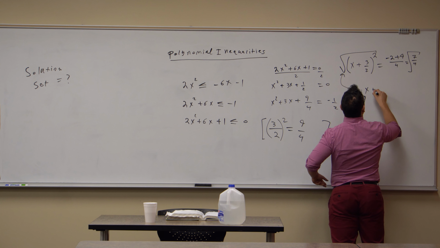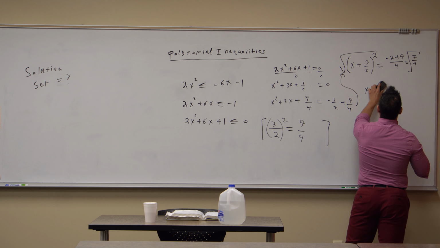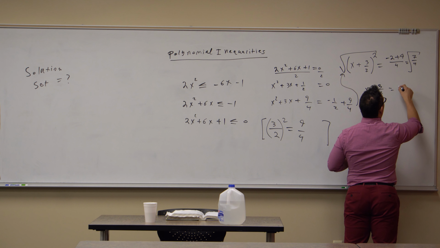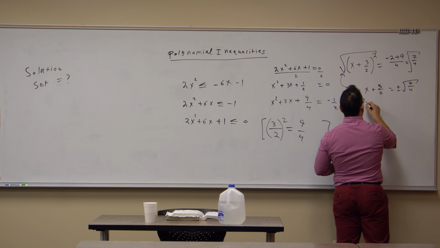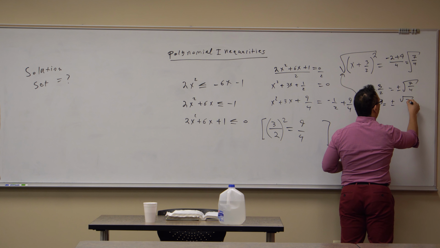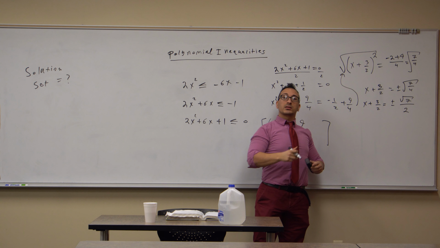So I get x plus 3/2 is equivalent to plus or minus the square root of 7/4. And I get x plus 3/2 is equal to plus or minus root 7 divided by 2, because the square root distributes to the numerator and to the denominator.